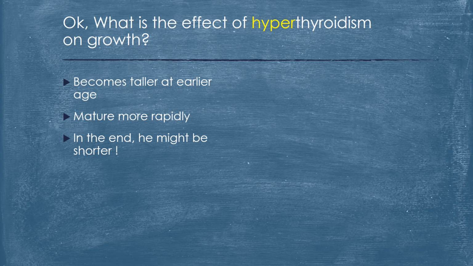This means that his epiphyseal plate, the growth plate, will fuse earlier. So at the end, he might be shorter than the others, because the other children will become taller while the epiphyseal plates are already fused in this child.